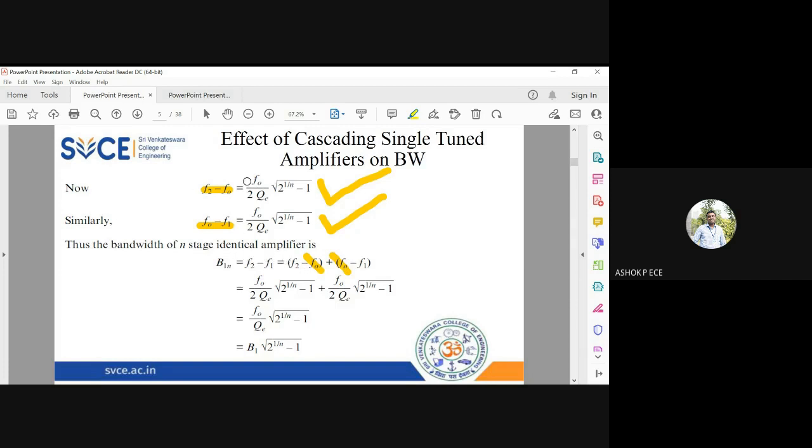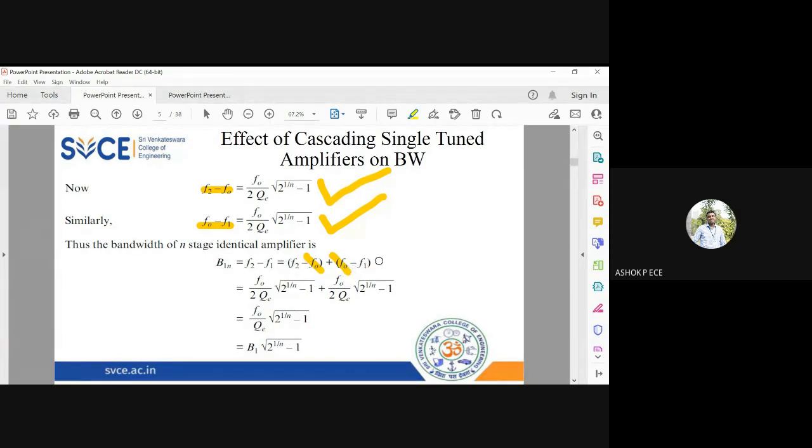Since I have the expression in terms of this, or even from this, you can find f2, f1 and you can substitute. That is also correct. But already we have an equation. If we write the expression in terms of this equation, I will just substitute the RHS alone. So I write f2 minus f1 as f2 minus f0 plus f0 minus f1. So f0 gets cancelled.